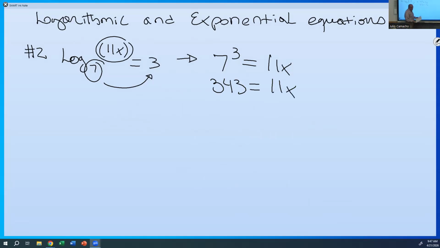So you know the 343 is equal to 11x. The rest is algebra. We don't have any more logarithms or exponentials. How do you solve for x? You need to divide both sides by 11. And what will be the answer? 31.18 is equal to x. And let me see if there's any indication about the answer.